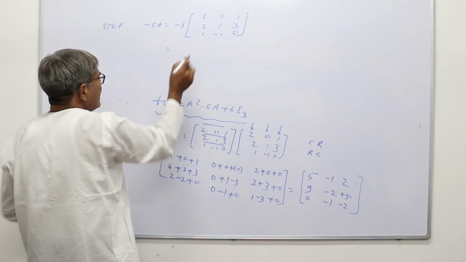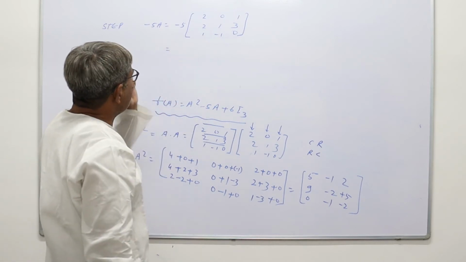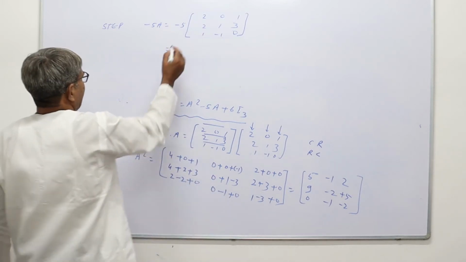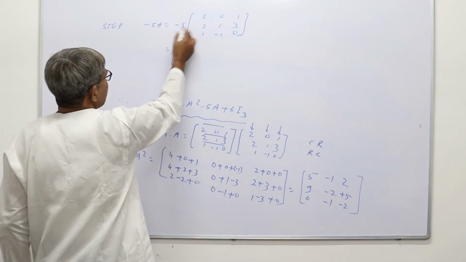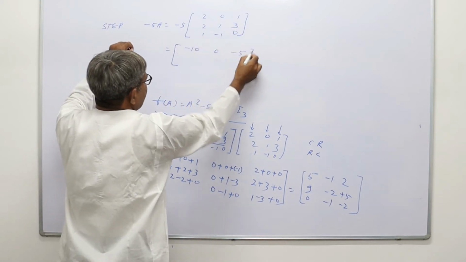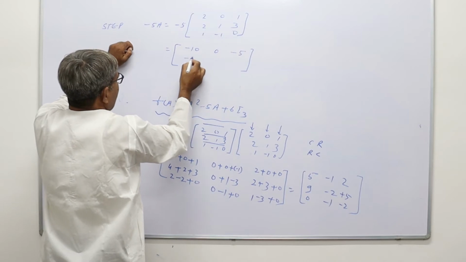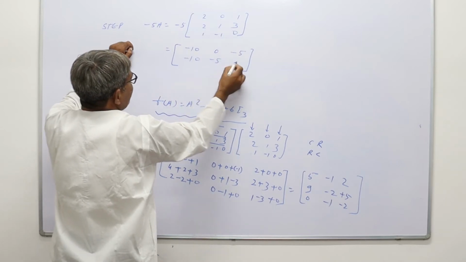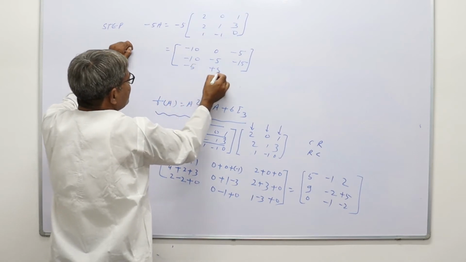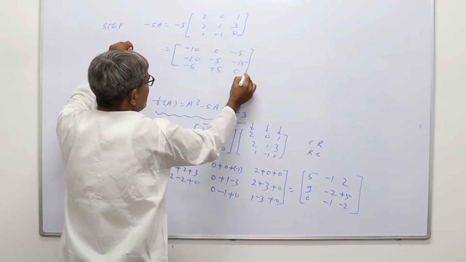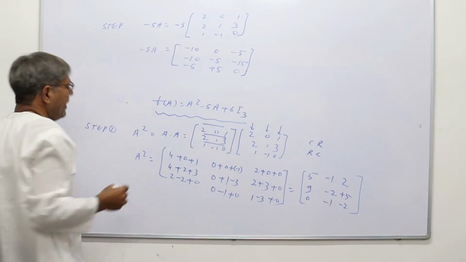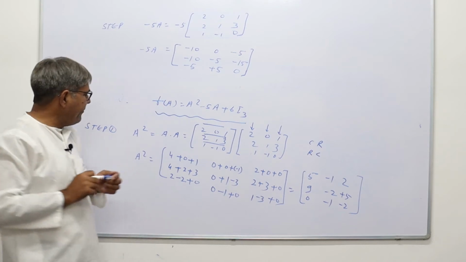Scalar multiplication means this scalar will be multiplied with every element. So −5 into 2, −10, 0, −5, −10, −5, −15, −5, plus 5 and 0. So it will be equal to −5A. This is your step second.